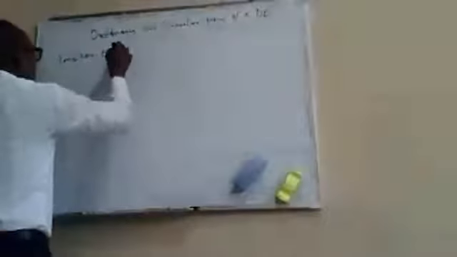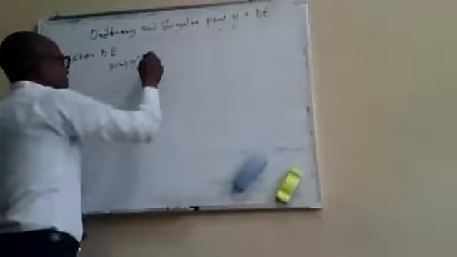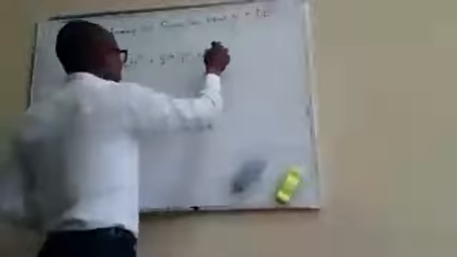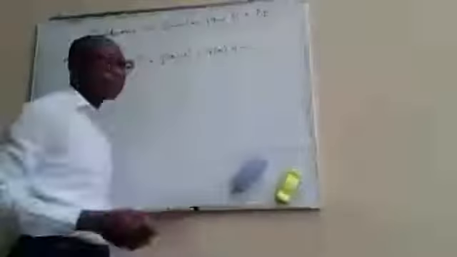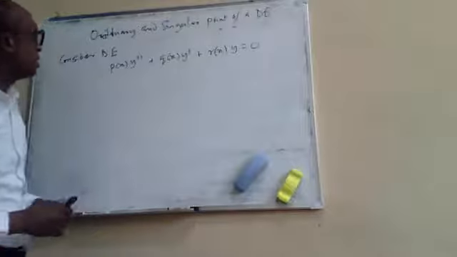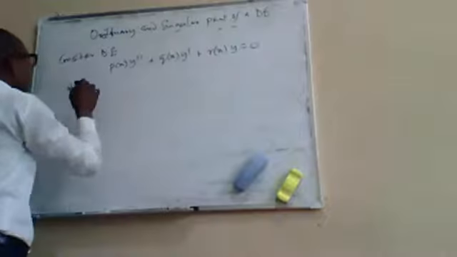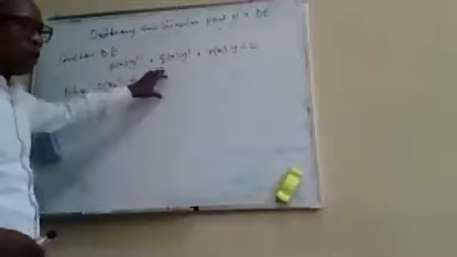P(x) y'' plus Q(x) y' plus R(x) y equals 0. Call this equation 1. When P(x_0) is not equal to 0, the point is called an ordinary point.